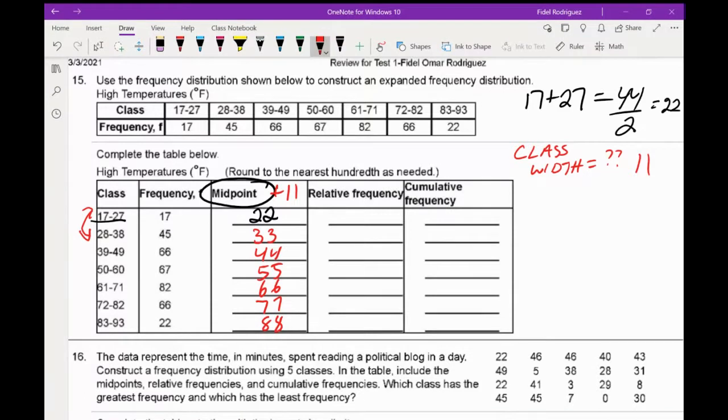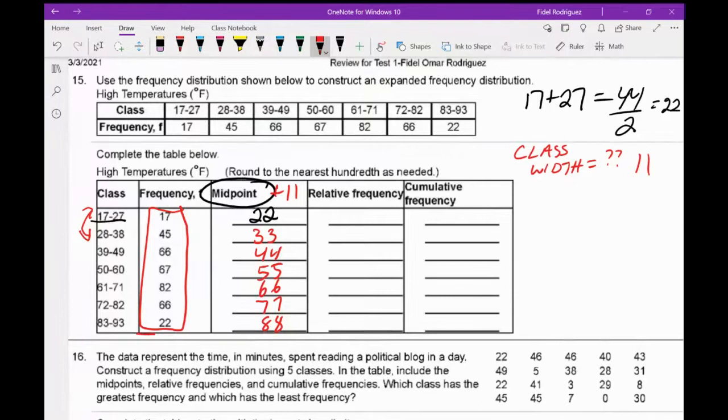Okay, now we're going to find our relative frequency. Okay, so guys, the way we're going to find the relative frequency, the first thing I need to do, I need to take all those numbers right there, and I got to add them up. Okay, so I'm going to take my calculator, 17 plus 45 plus 66 plus 67 plus 82 plus 66 plus 22.